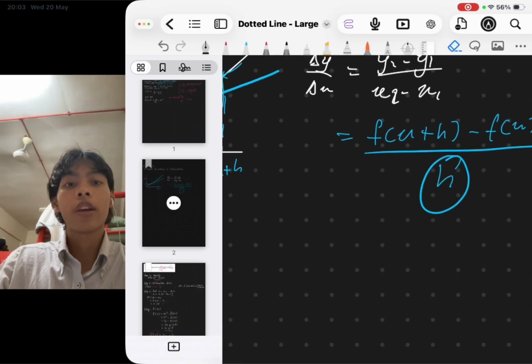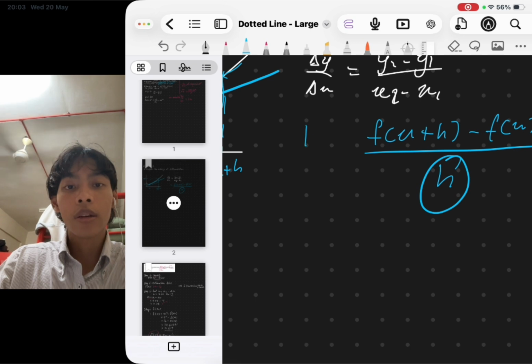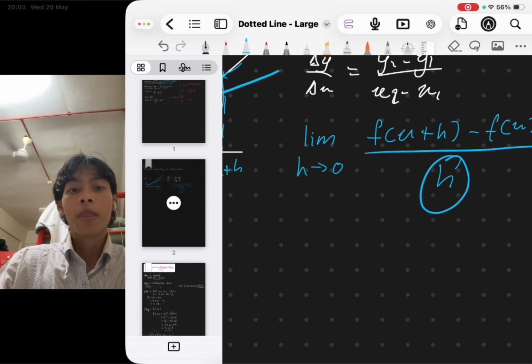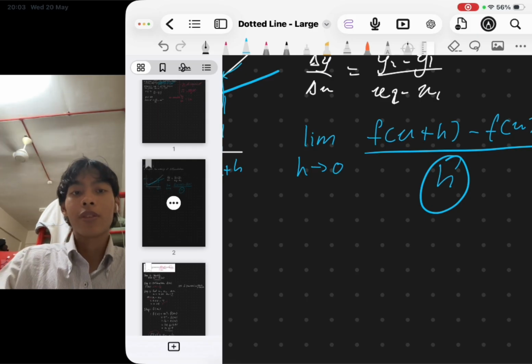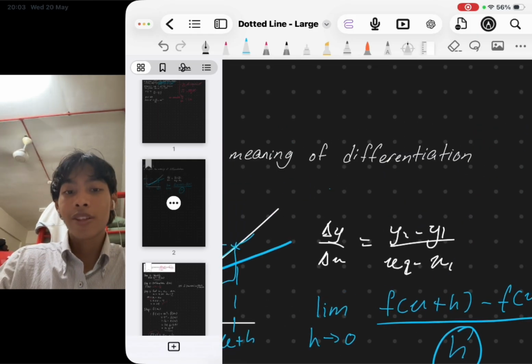That is where the limit came from, the limit as h goes to zero. So it can approach zero, but not be specifically zero. Maybe 0.1 is the closest. So that is differentiation.